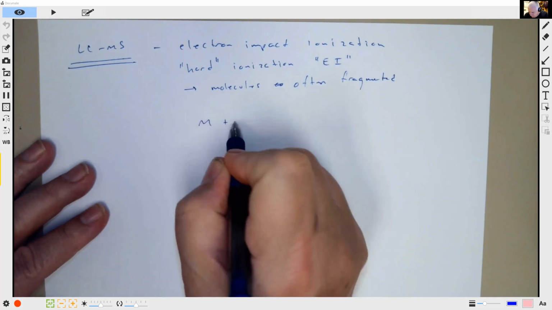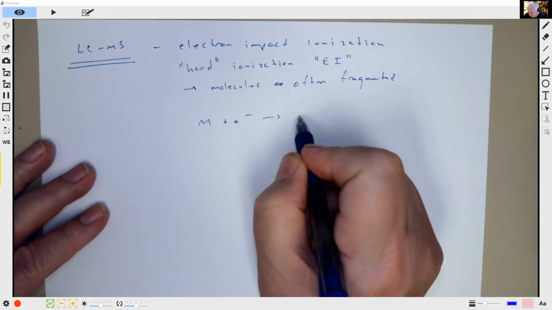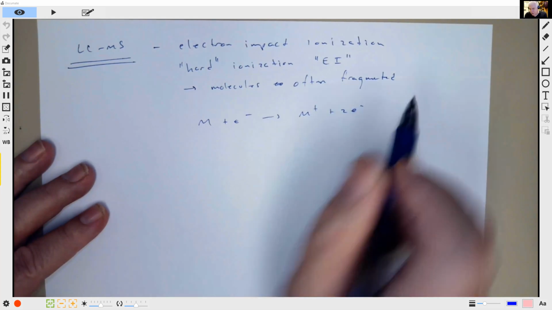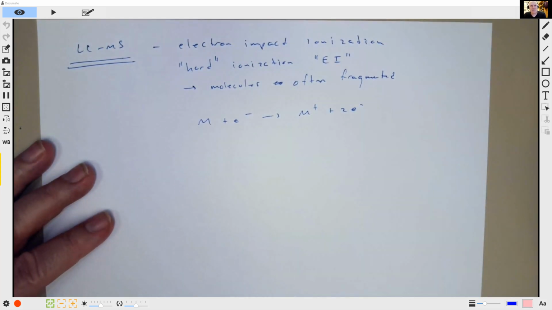So you get M plus an electron makes M plus, plus 2 electrons, right?